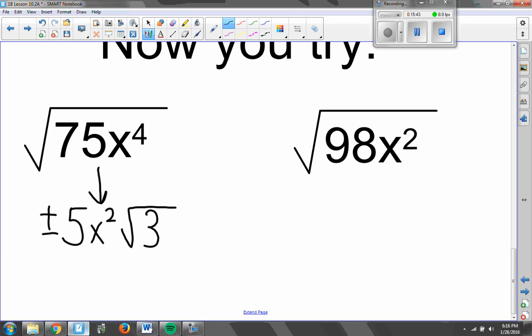Over here, this should split into 7x square root of 2 plus or minus, obviously. Because 49 goes into 98 two times. And the square root of 49 is 7. Plus or minus 7x. Square root of x squared is x. 49 and 2 is what we split into there.